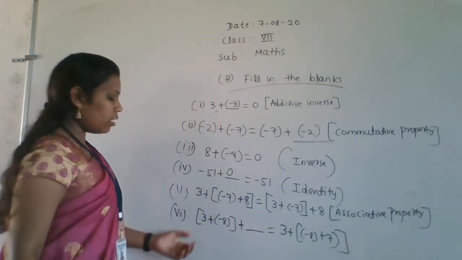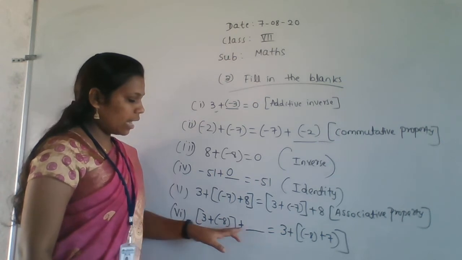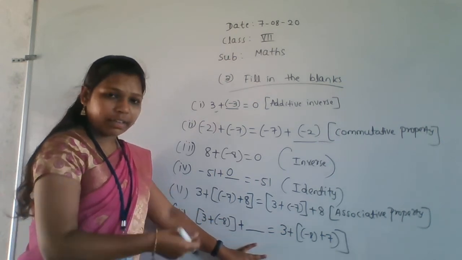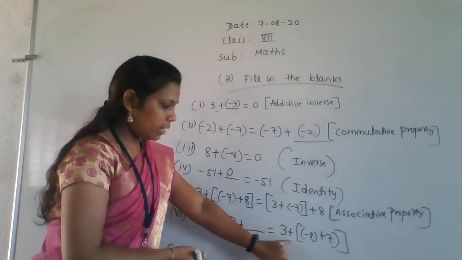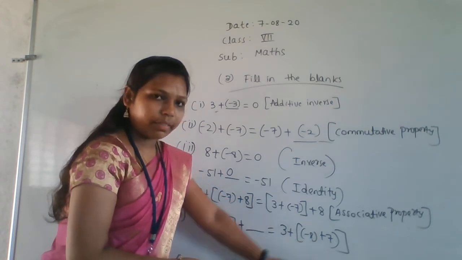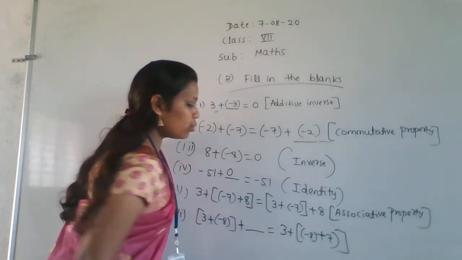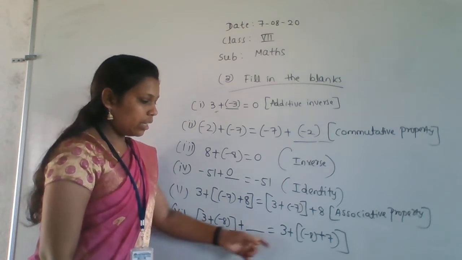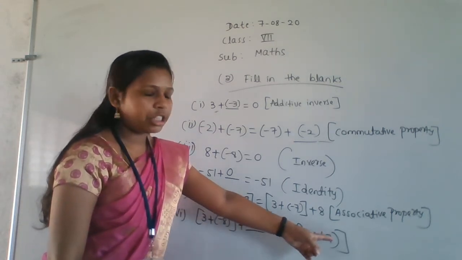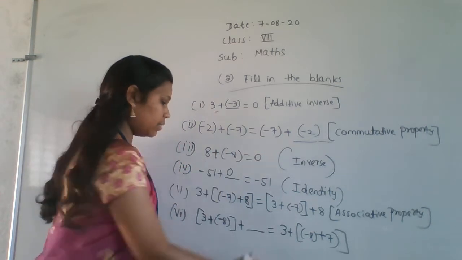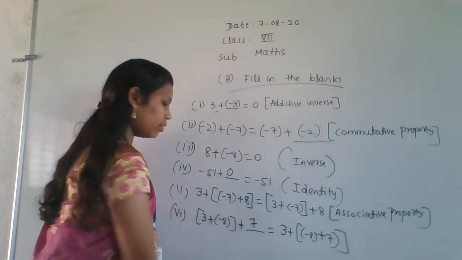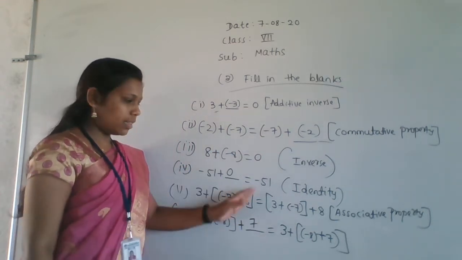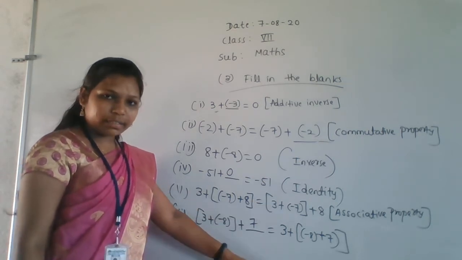Here 3 and minus 8 are there and one value is missing, and again 3 plus minus 8 plus 7 they gave, right? Which value is missing here? 3 and minus 8 are there, so 7 is missing. Write 7 here. Which property is it?